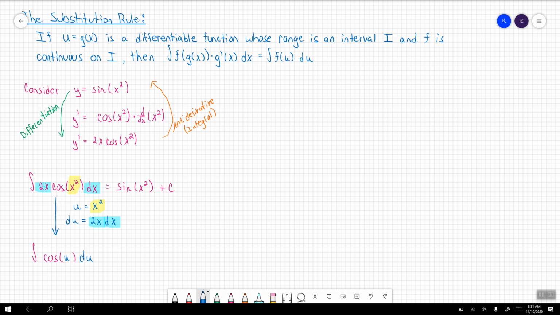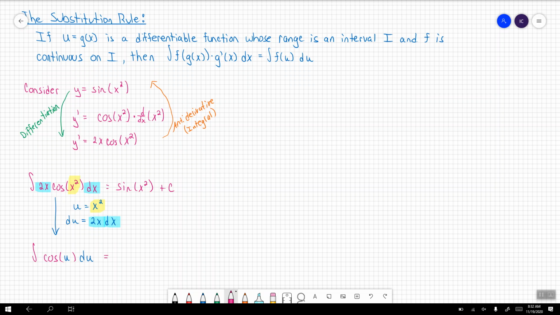This is very important because we can only do integration with respect to one variable. Now, we can integrate cosine of u du, and we can integrate this quite nicely.